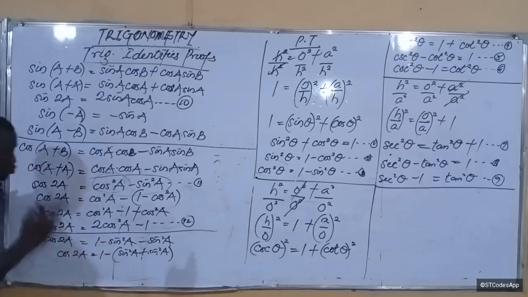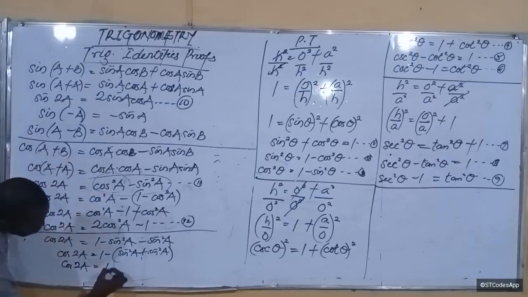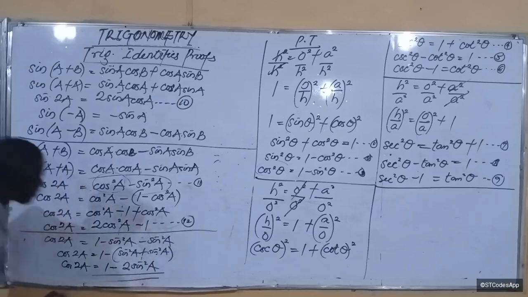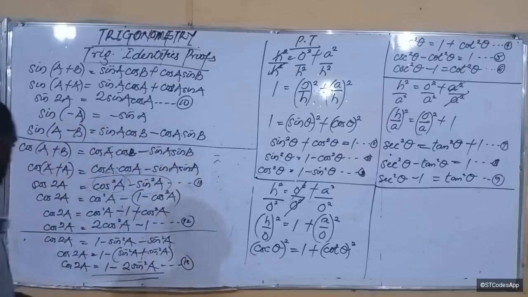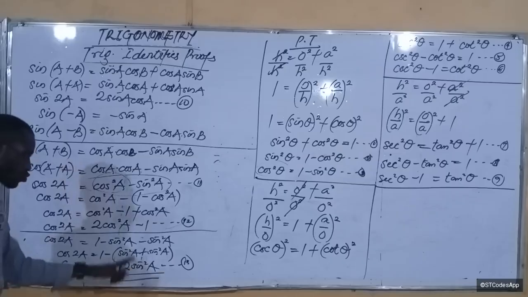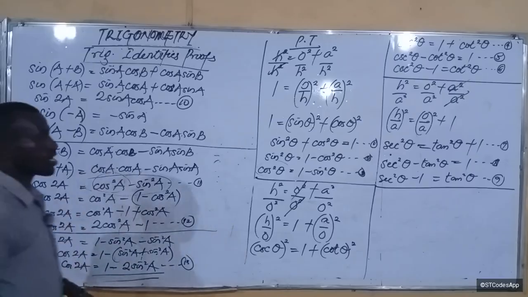So this plus this gives you 2 sine squared A. So cos 2A is equal to 1 minus 2 sine squared A. This is another identity, identity 13. So what does this tell you? That cos 2A can either be 2 cos squared A minus 1 or 1 minus 2 sine squared A. Is that clear? Good.